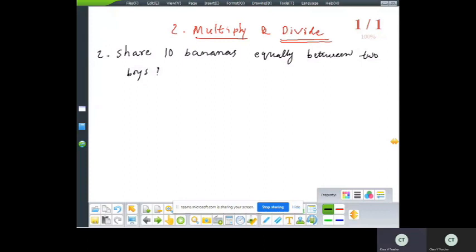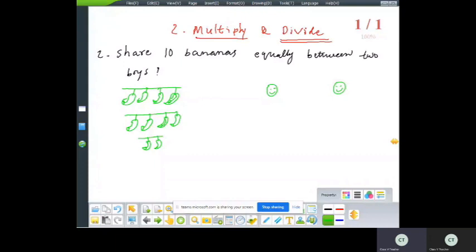There are 10 bananas. Number of boys are 2.